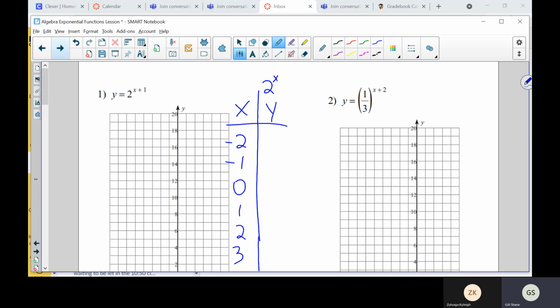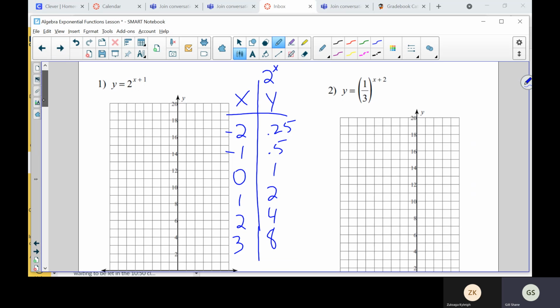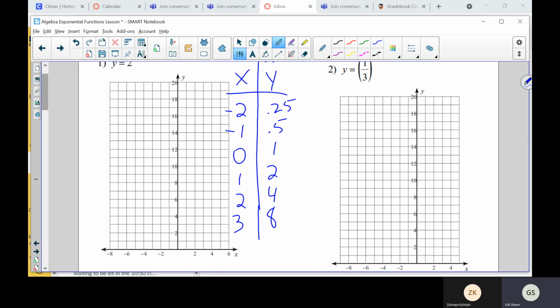So if we flip this, again, that's 0.25. Yeah, this is the same thing, 0.5. 2 raised to the 0 is 1. 2 raised to the 1 is 2. 4, 8. I'm going to just graph these real quick. So it's kind of the same graph you had on the other one, actually. 4, 8, 2, 1.